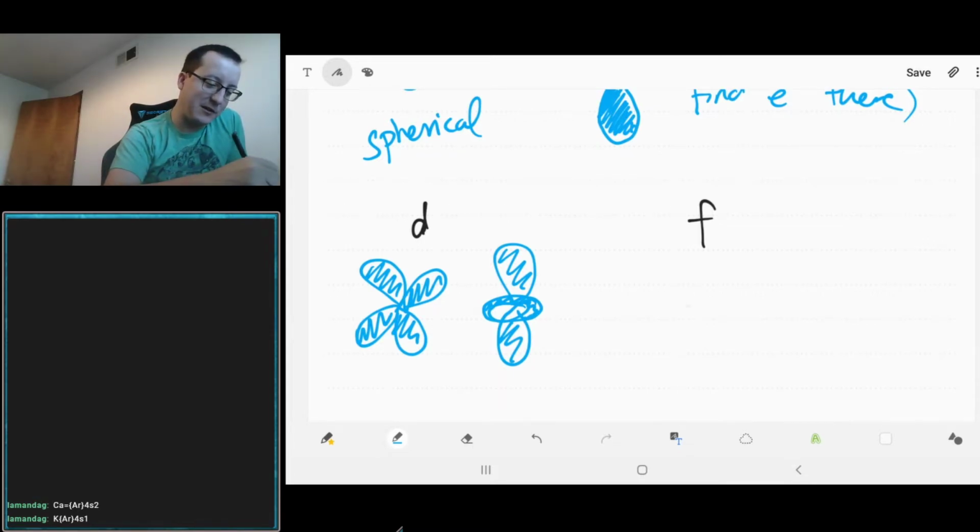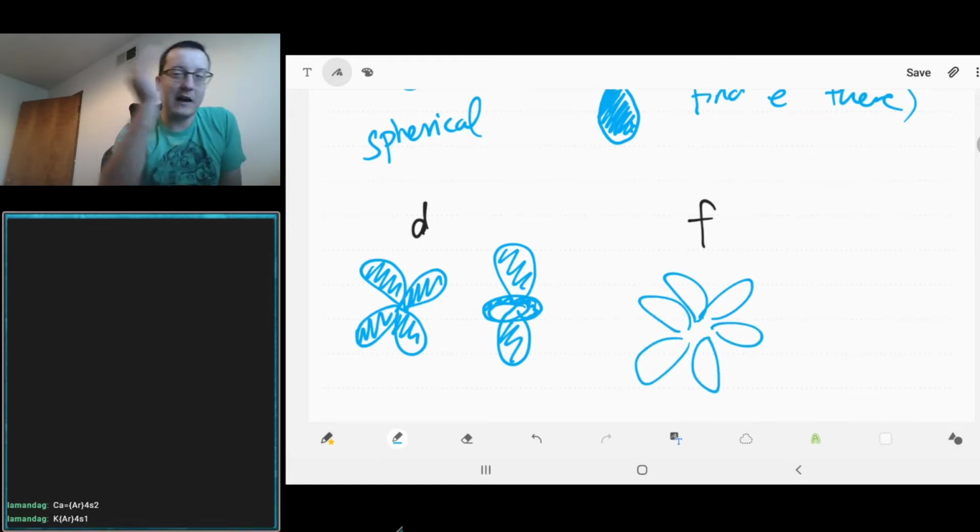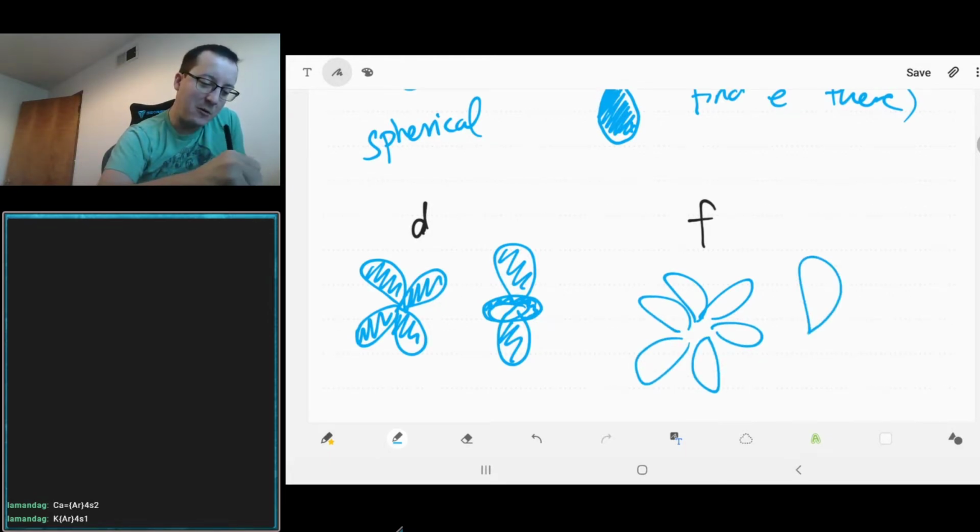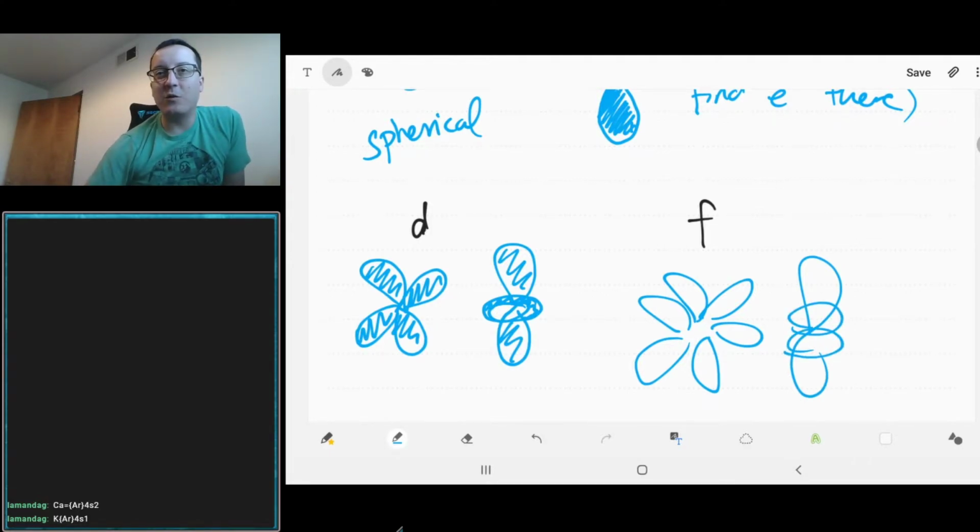And then f orbitals are just completely strange. They look like little flowers, and they have all sorts of different ones. You have ones that look like this with two rings now. We're not going to worry about the shapes of f orbitals. You really don't even talk about them until very advanced chemistry. So, again, for us, f orbitals, just forget about them. F for forget.